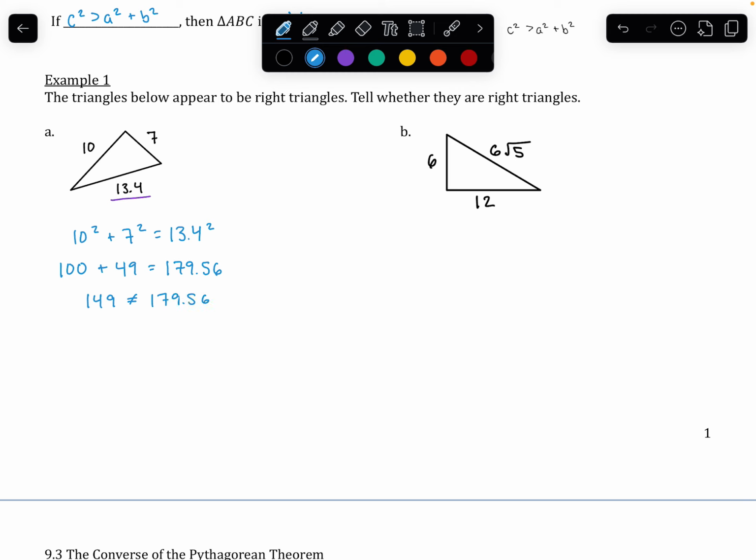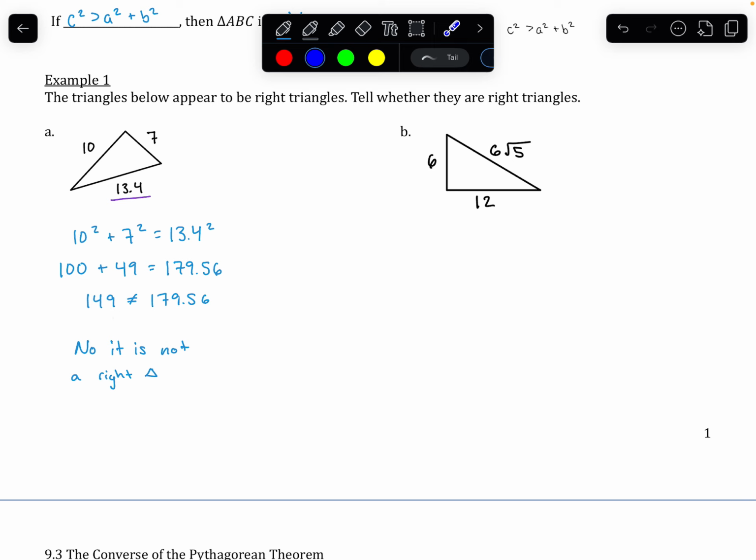So the question asked, is this a right triangle? No, it is not a right triangle. Now, if we were to use our theorems, we would know this triangle would be, I'm sorry, this would be obtuse because c squared is bigger than a squared plus b squared.